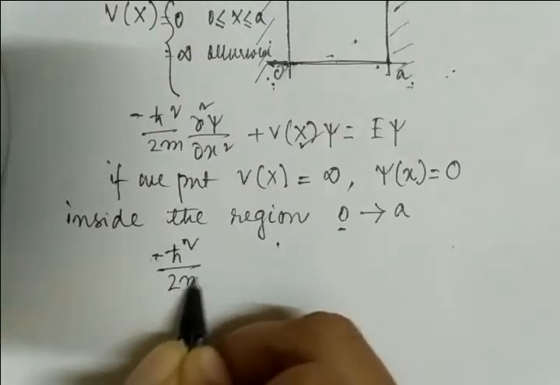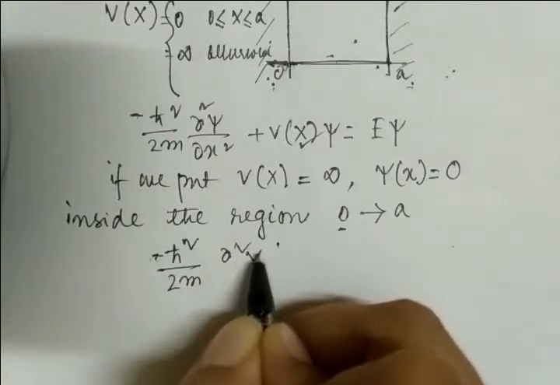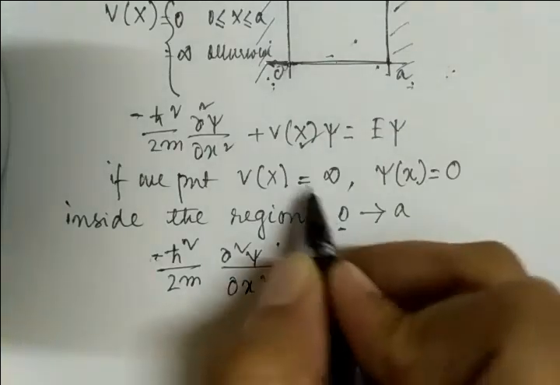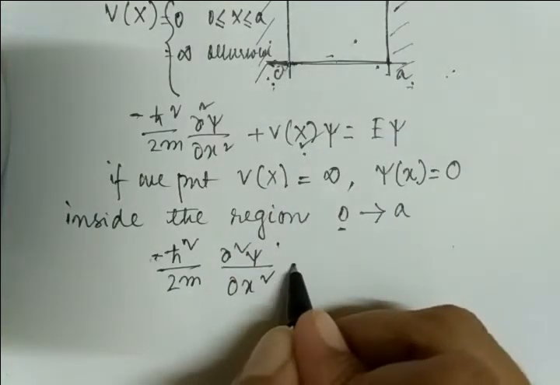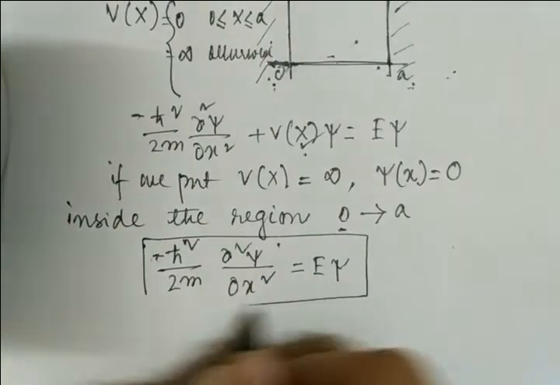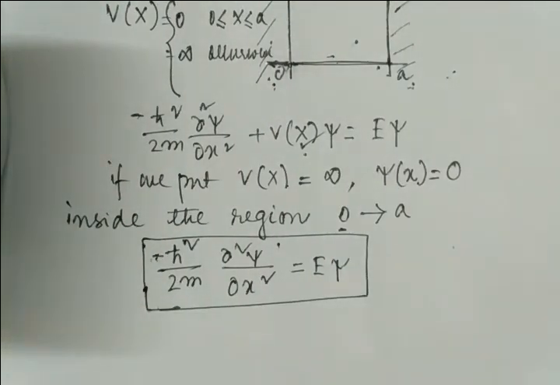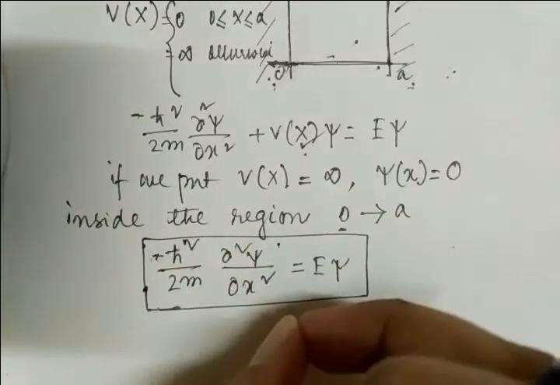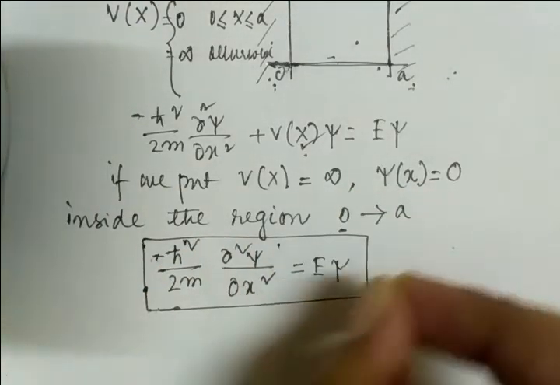That is minus h-bar squared by 2m, del squared psi by del x squared, with V of x equal to 0 put over here, and that is equal to E psi. Okay, so this is the time independent Schrodinger equation that we are going to solve.